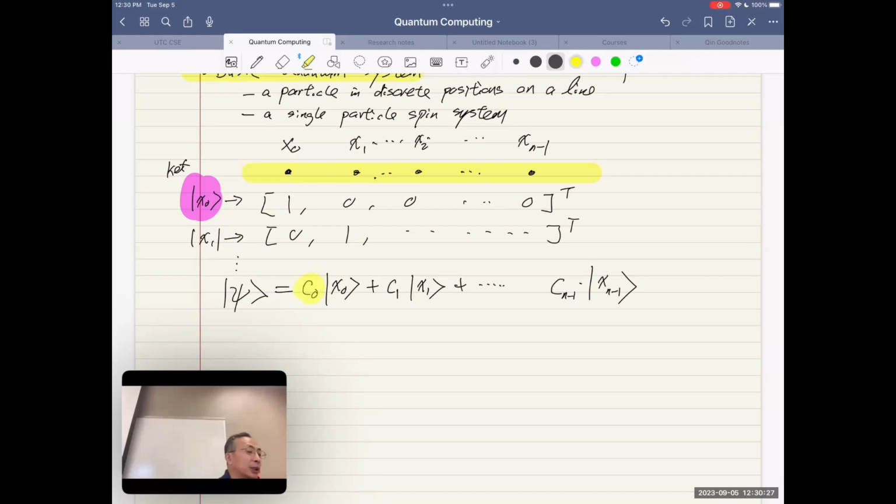These complex numbers are called complex amplitudes.